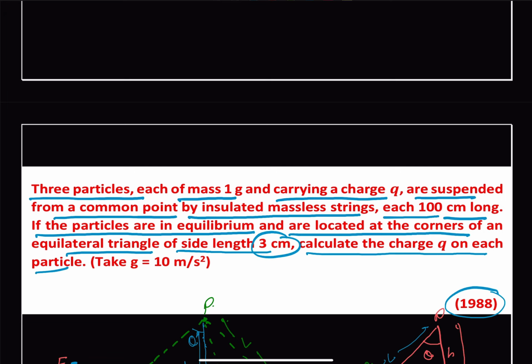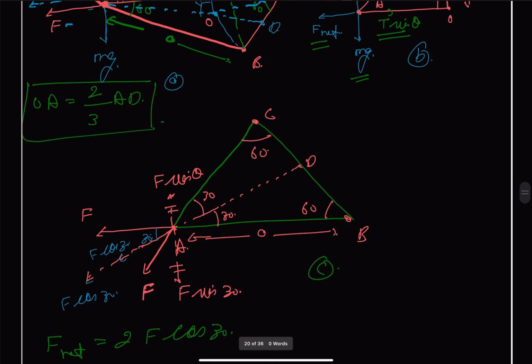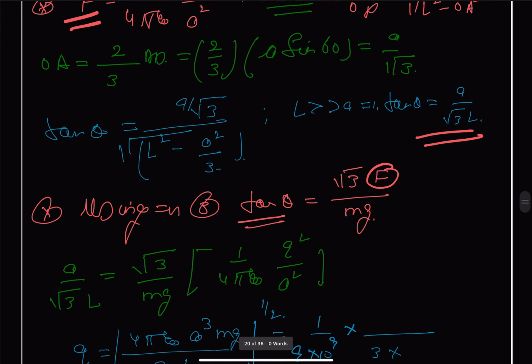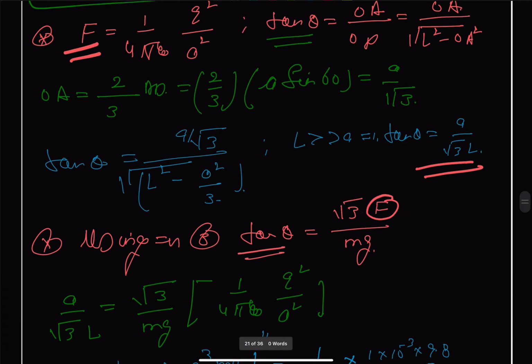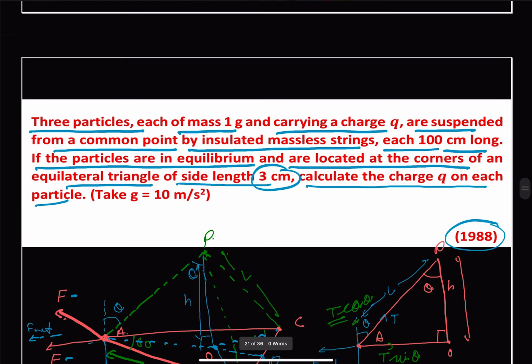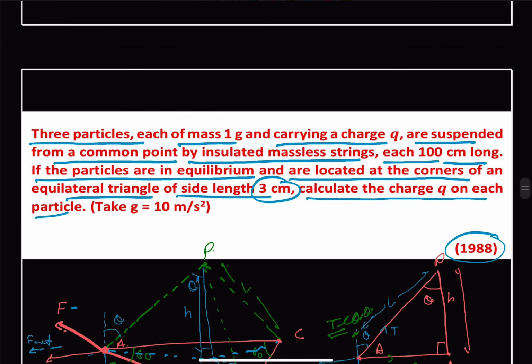Okay, so we have 100 centimeter into 10 to the power minus 2, and we have mass as 1 gram, so this is 1 into 10 to the power minus 3, 9.8, and we are left with only A. A is given to us as 3 centimeter.